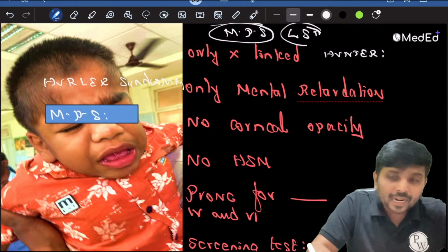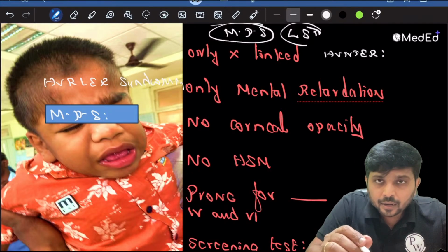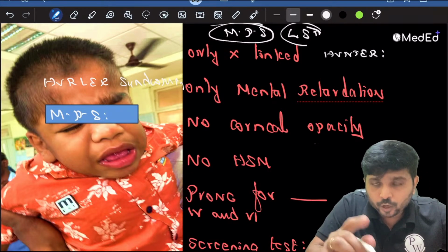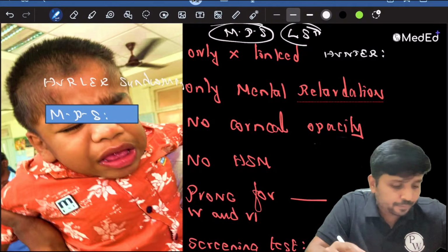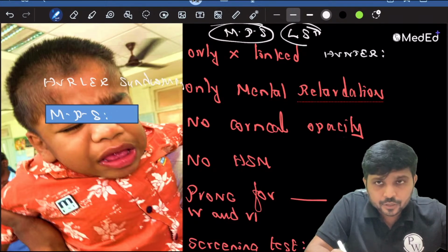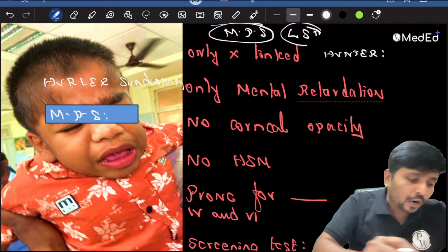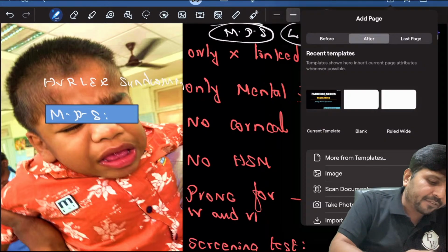Second, there are 5 types: 1, 2, 3, 4, and then 6. There are 5 types of mucopolysaccharidosis. All are characterized by 5 features.